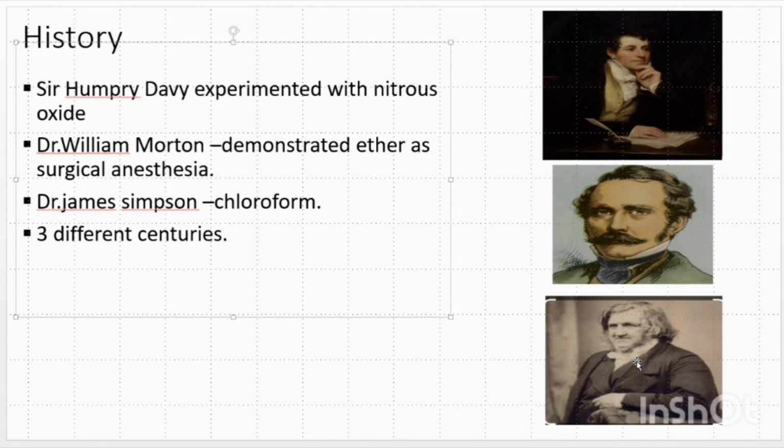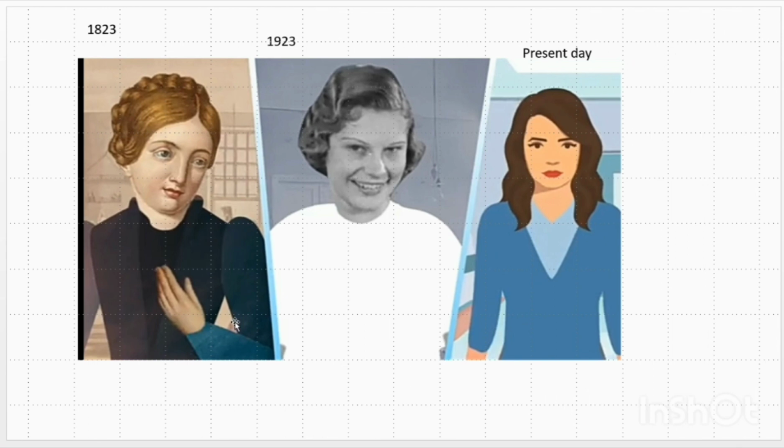Guys, now I'll explain anesthesia evolution across three different centuries, from the 18th century to present day, so that you'll get to know how it advanced from basic to present day. In this picture you can see this woman is from 1823. She is from 1923, and she is a present day woman.